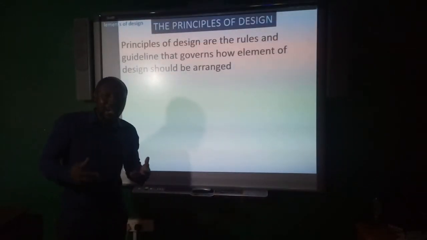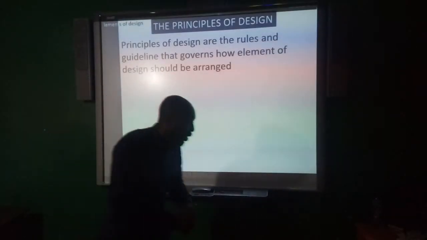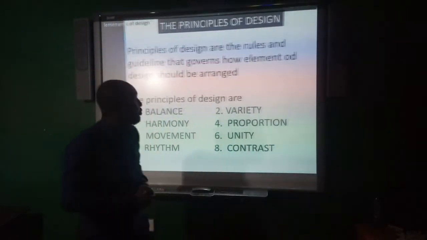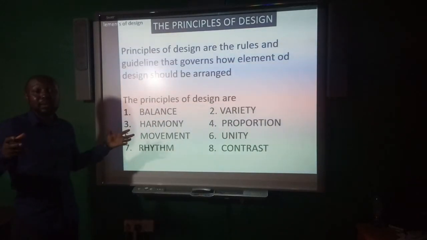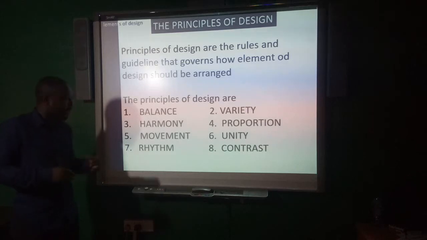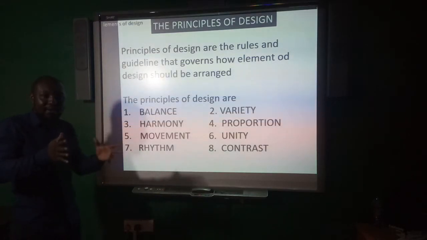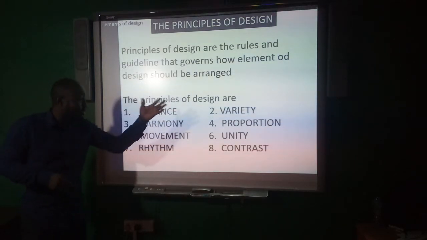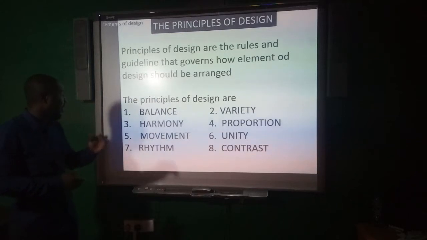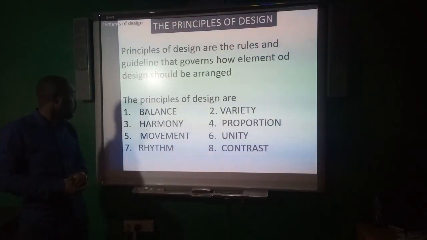Let's look at some of the principles. First, balance. Balance is a principle. So in producing an artwork, you make sure that your work is balanced. How you arrange your elements, they are all balanced. We also look at variety. We have harmony. Harmony too is another principle.